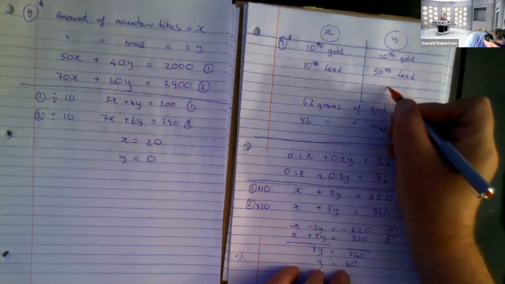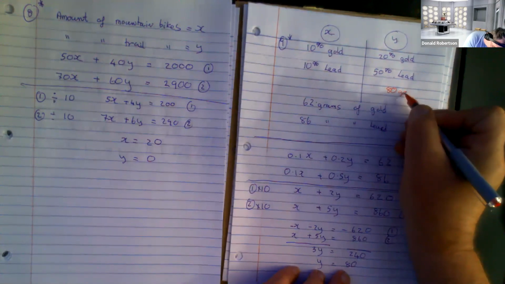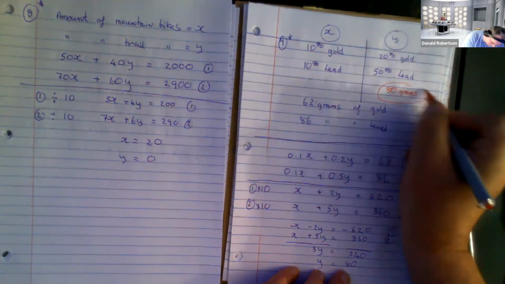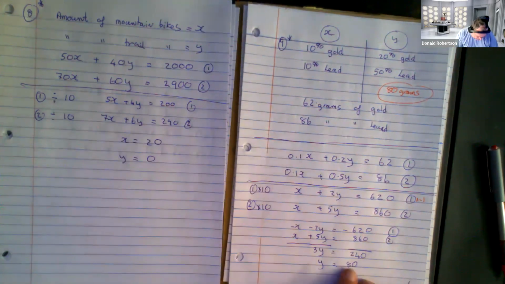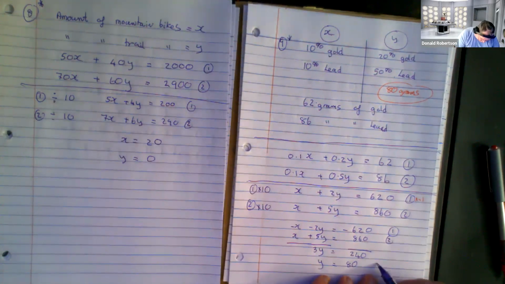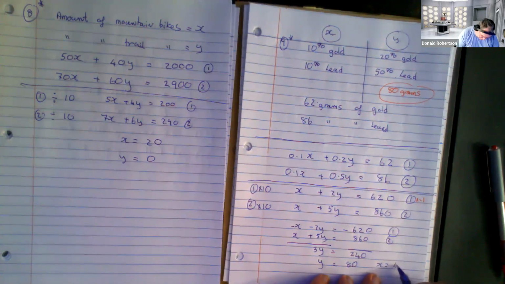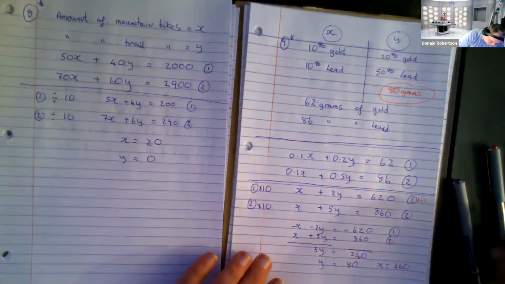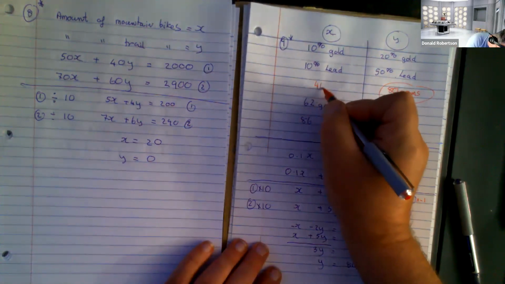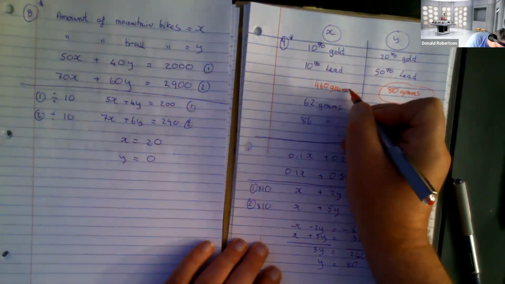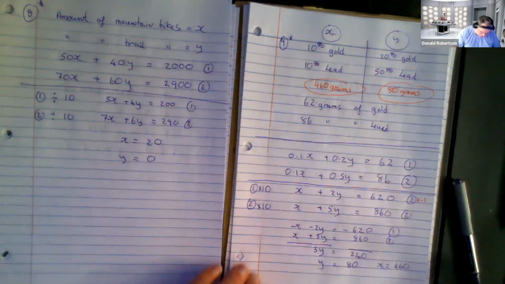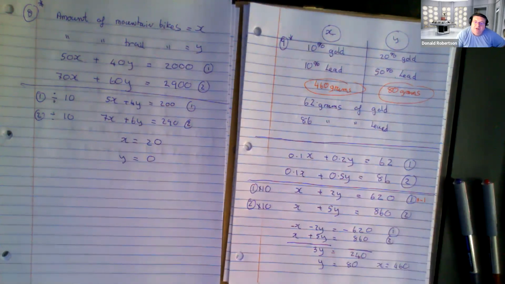So use 80 grams of this stuff. And if I had time, I would show you the working, but can you trust me? When you solve for X, you get 460. And so that means I should use 460 grams of this stuff. And we are finished. And hopefully that is of some use to you.